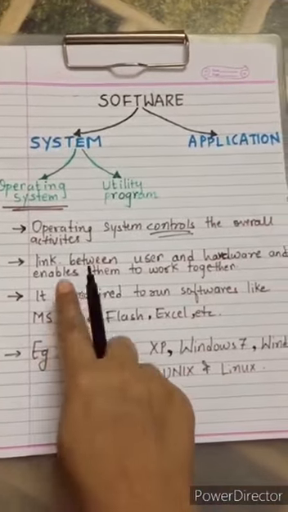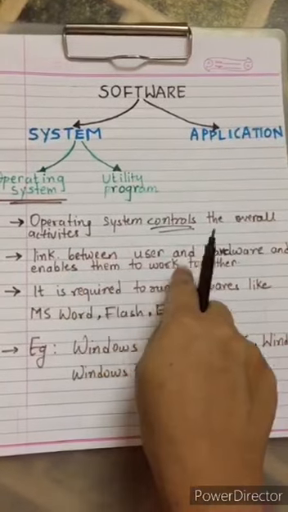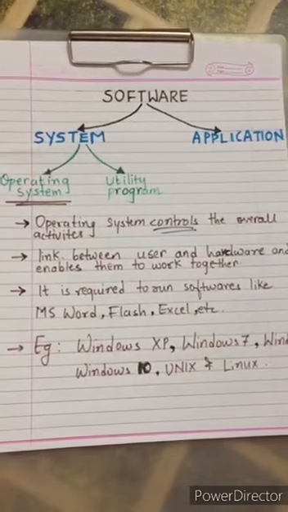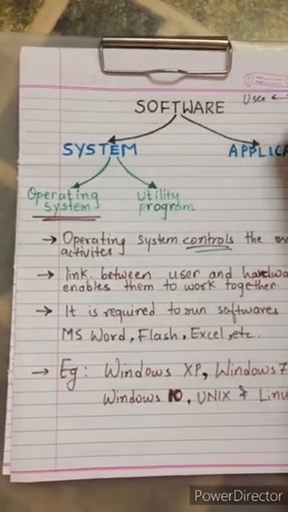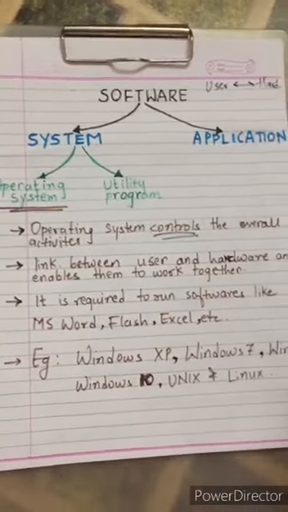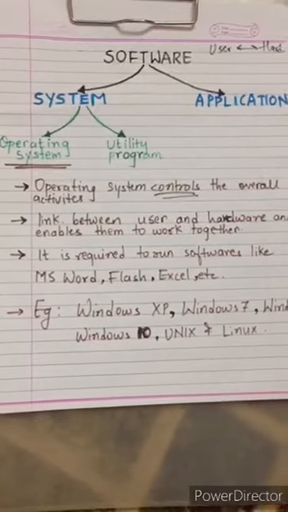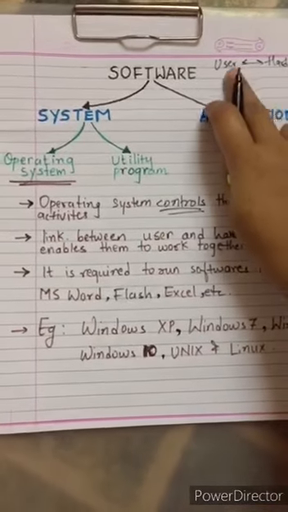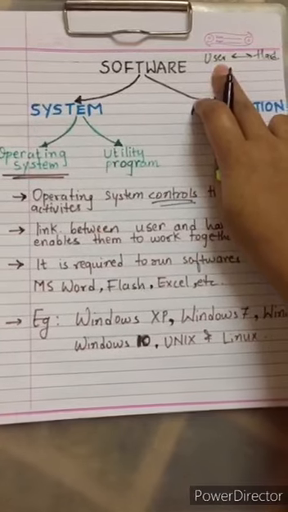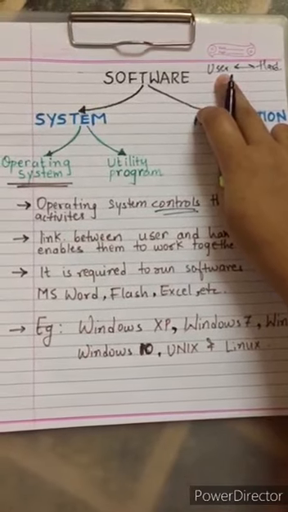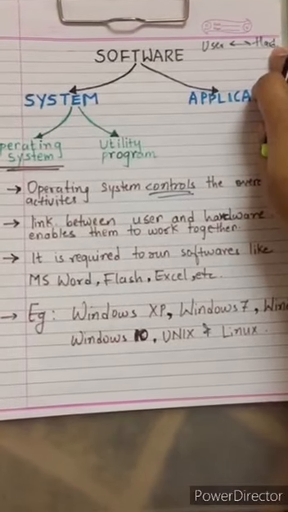It is a link between user and hardware and enables them to work together. As we saw in the example of displaying AB school on the monitor, whatever the user enters as input through hardware will be displayed using hardware.